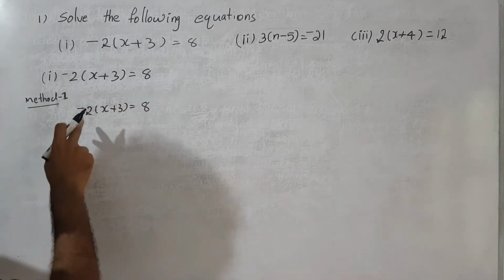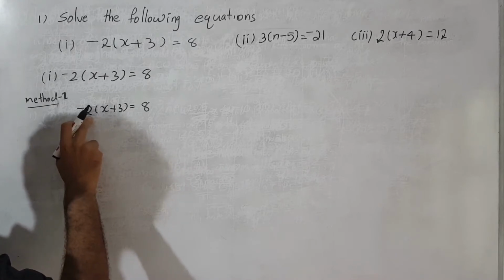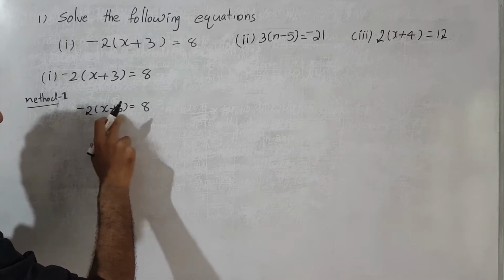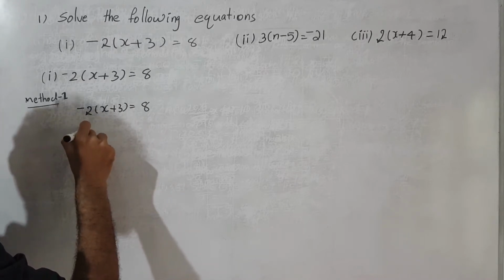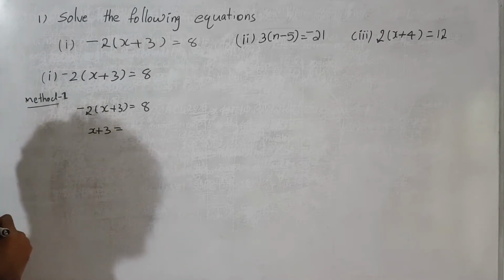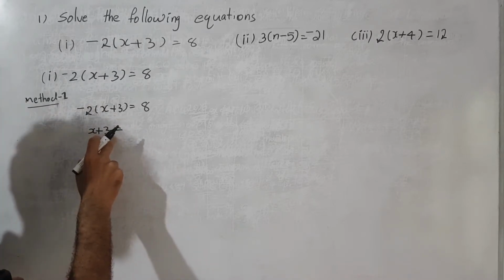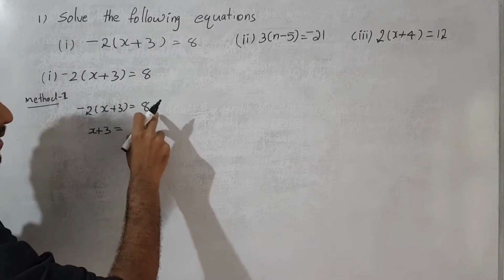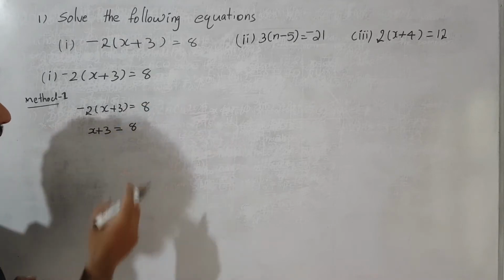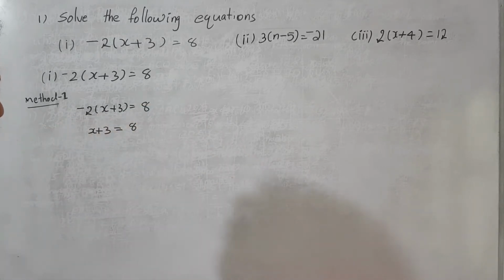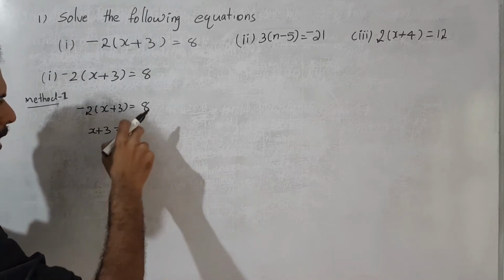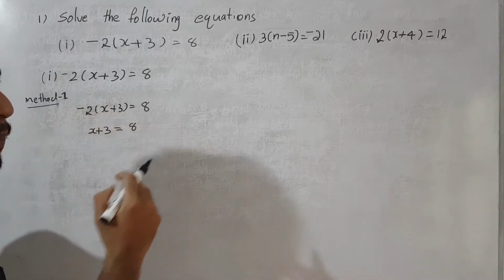Okay, then if we transpose, here we multiply and we transpose to this side, the RHS part. Then what is remaining here? Here x plus 3 is remaining. Then x plus 3 is equal to, what do we need to write first? What is already in the RHS part, we need to write first: 8. Then minus 2 is a multiplying number. At the time of transpose, what changes? It changes to the opposite operation.